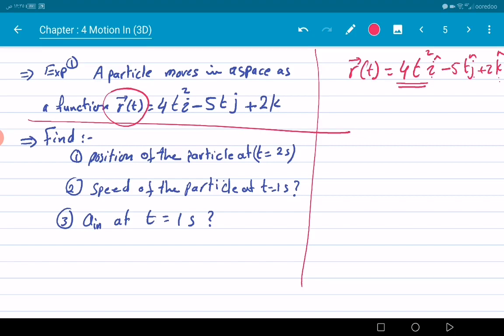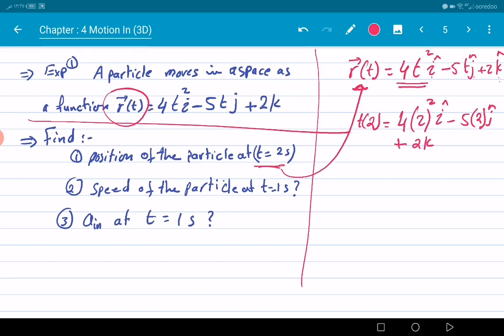Number one, find the position at t. If it's given t, just replace the time here. So t is, for example, 2 in the question. So 4 times 2 squared i hat minus 5 times 2 j hat plus 2k, there is no t.